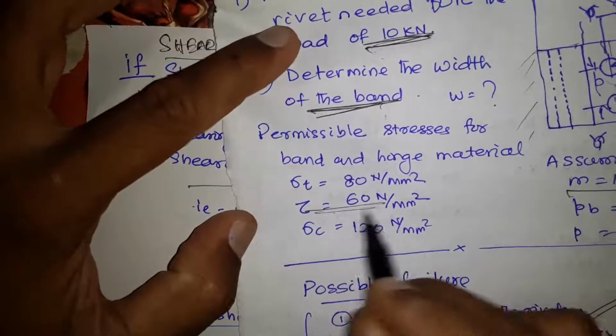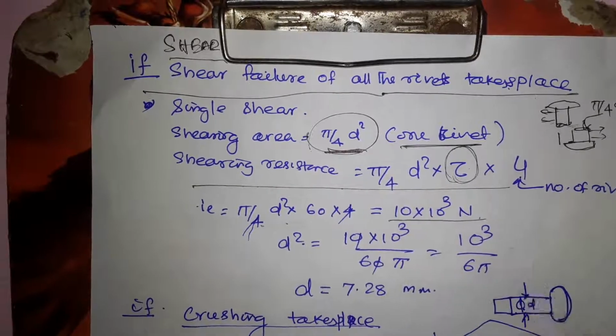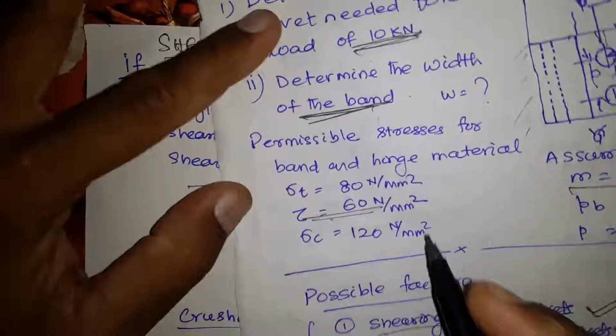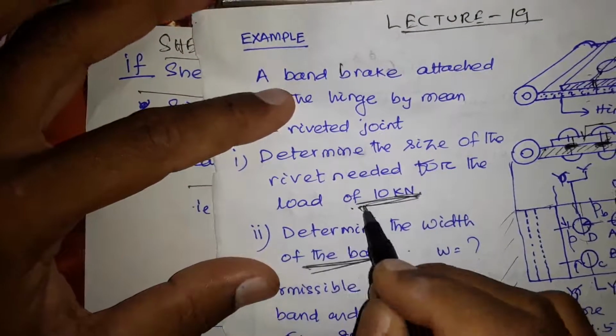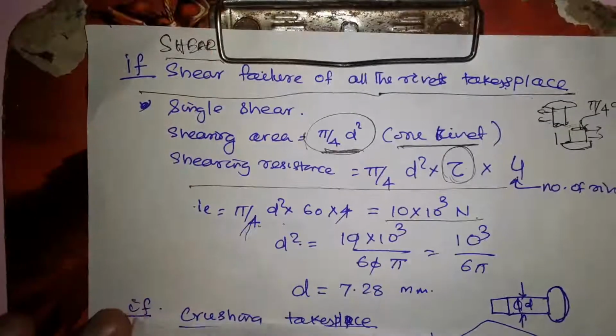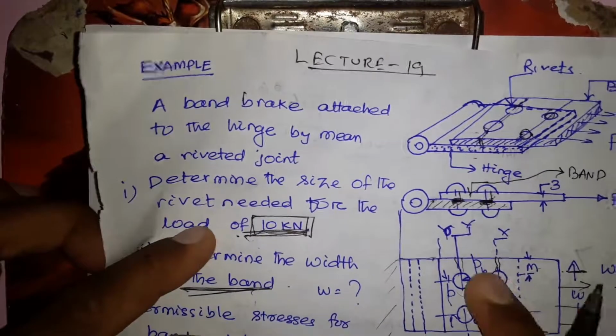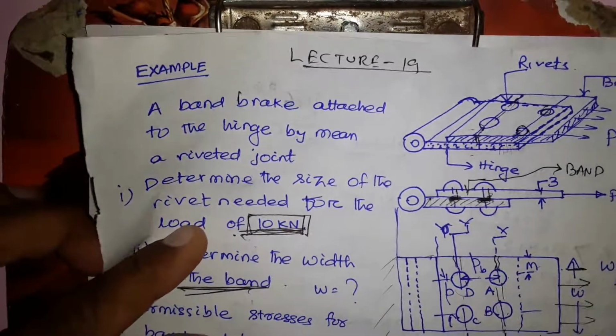Tau is given as 60. So pi by 4 d square should be equal to the strength of the joint, that is the load carrying capacity, 10 kilonewton. So 4 rivets altogether in shear should resist the 10 kilonewton.